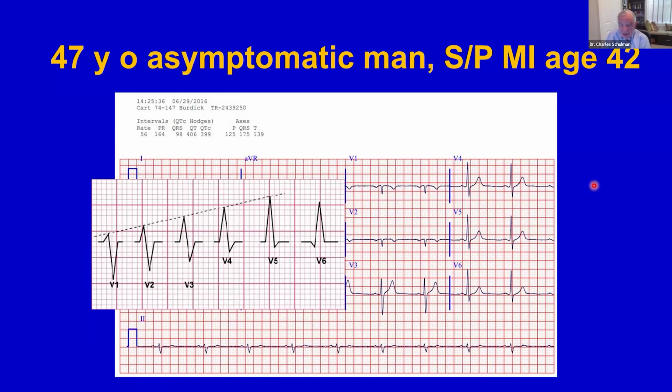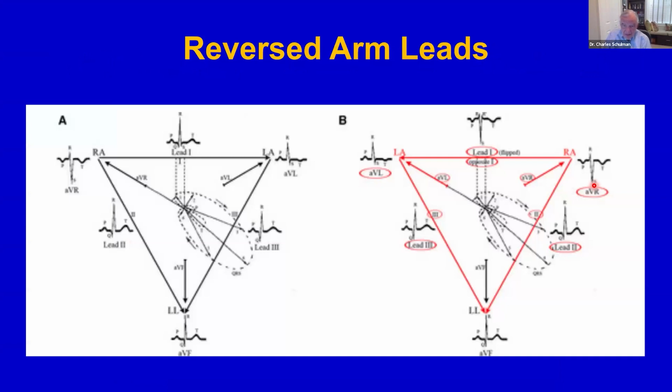What's going on is this is artifact, and the electrodes for the left arm and the right arm are reversed. So whereas the AVL is supposed to look like this and AVR is supposed to look like that, in fact, it looks just the opposite because the arm leads are misplaced, and lead one is upside down.